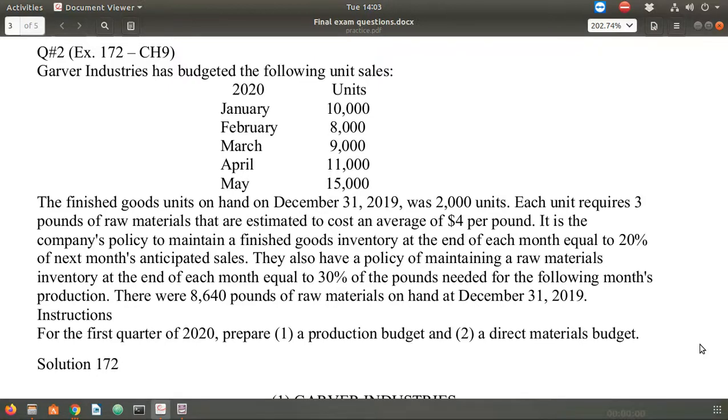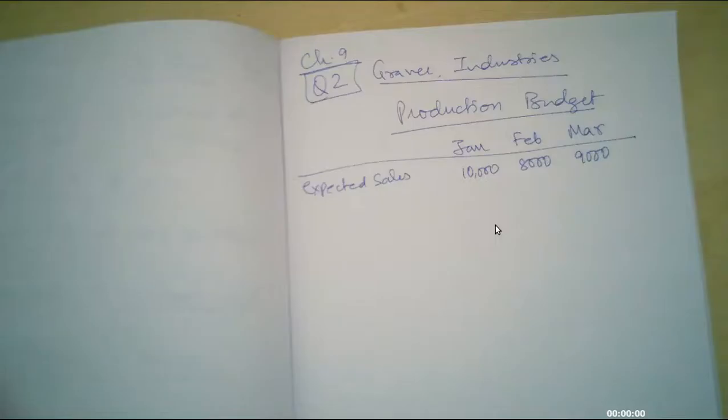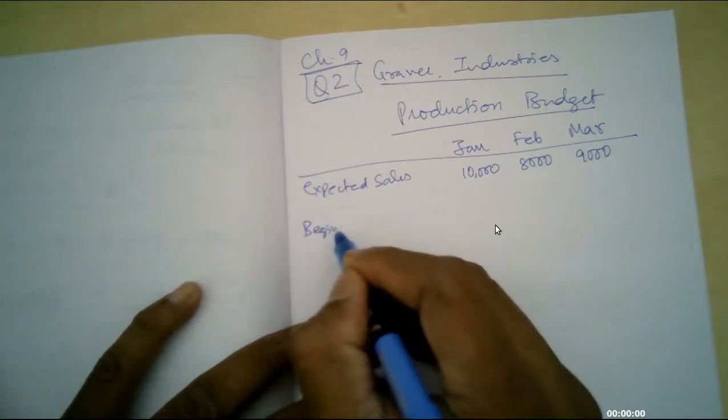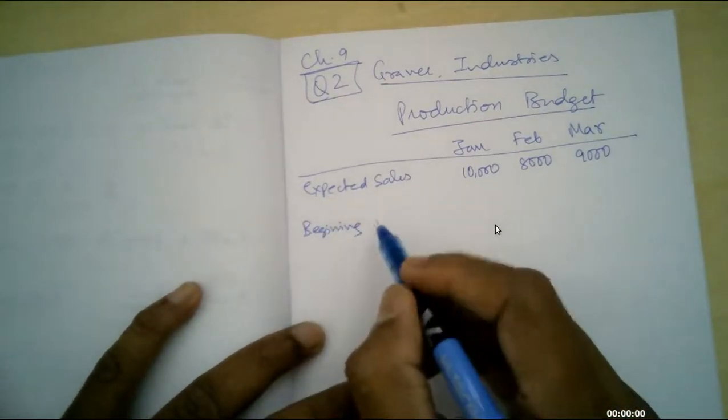Now, finished goods on hand on December 31 was 2,000 units. So this is the finished goods closing balance, the finished goods inventory on December 31. Therefore, on January 1st of 2020, the same 2,000 units will be the finished goods. Okay, so here you can write beginning.